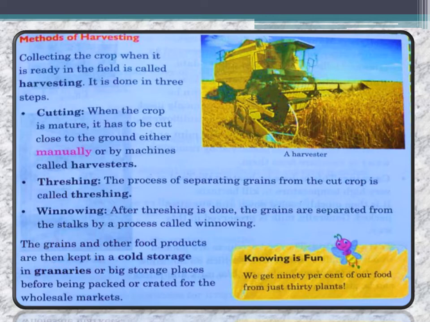Now once harvesting is done, the time comes for storage of the food. You need to store the food. So to store the food, you have cold storage in granaries or big storage places. In that you have to store the crops and grains.